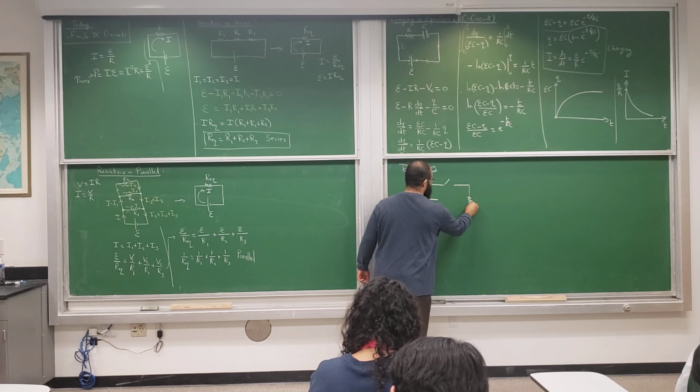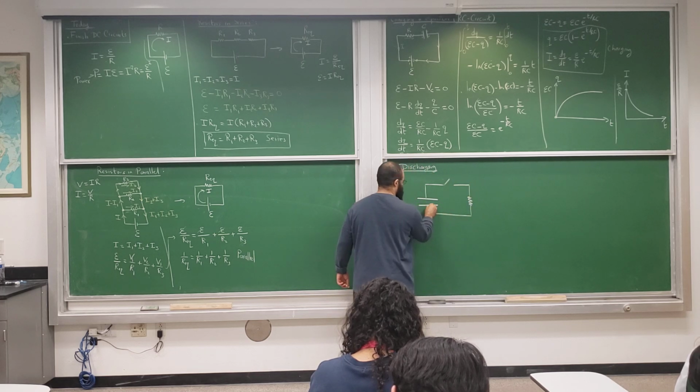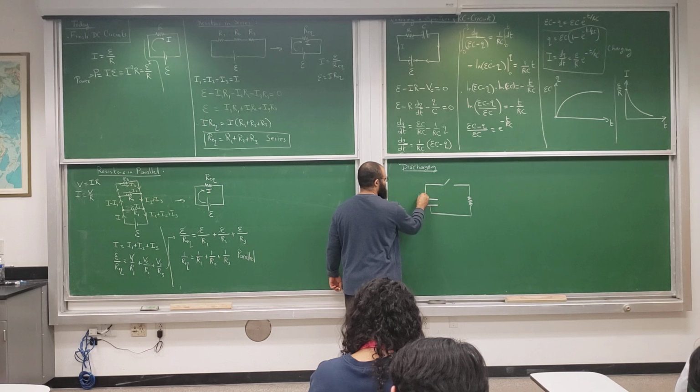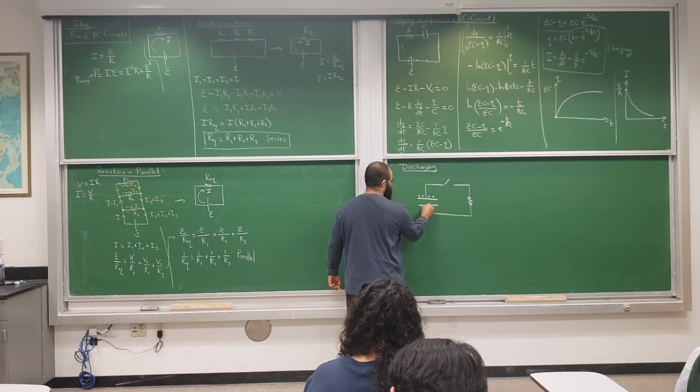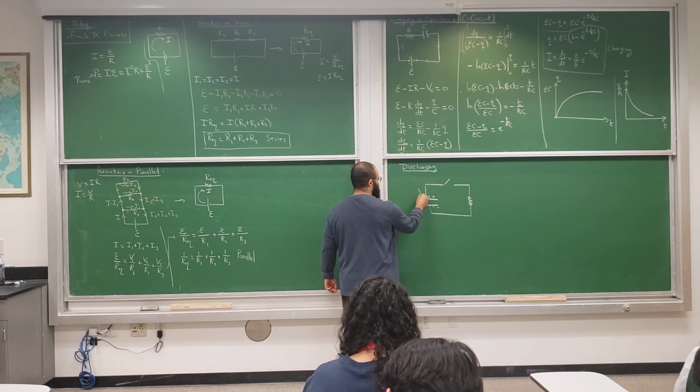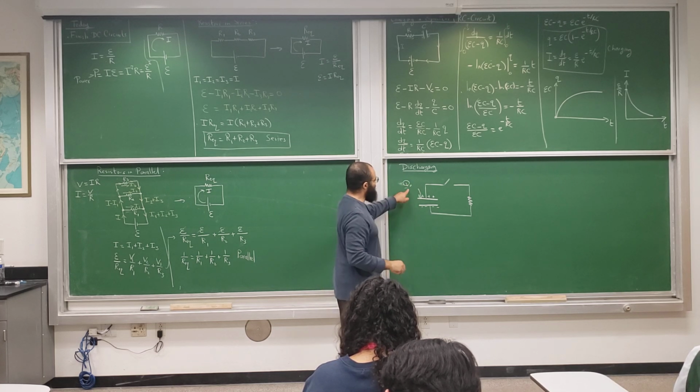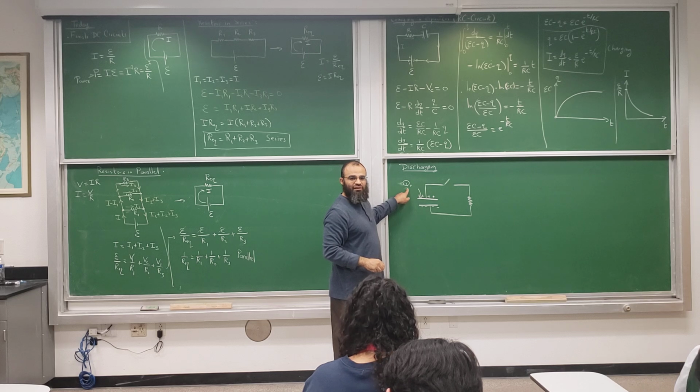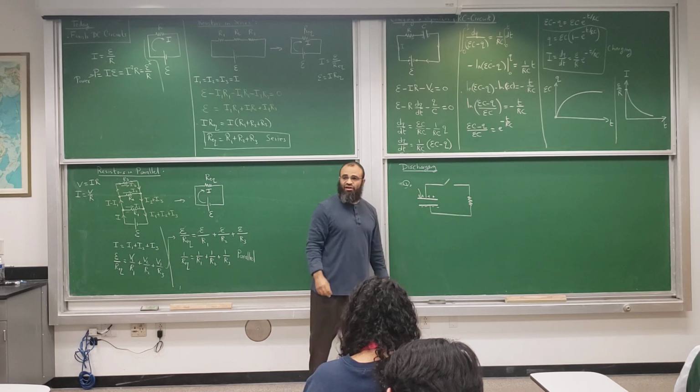Here is the resistor. The capacitor is fully charged, has lots of charges here. Initially, the charge on the capacitor is Q initial, some initial number.